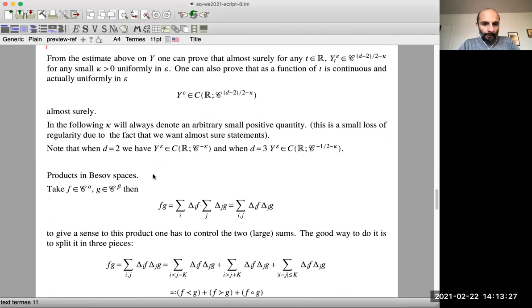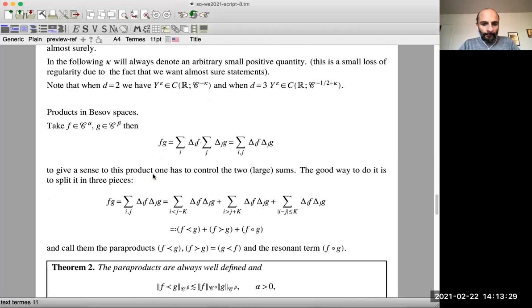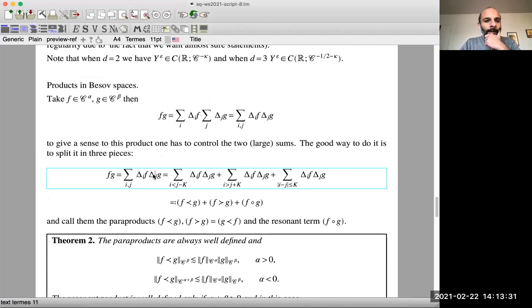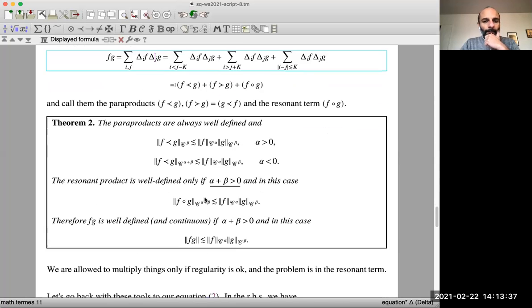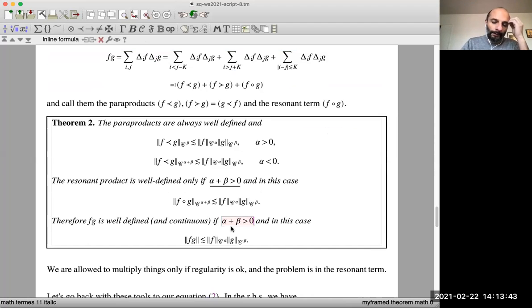Then I was going on again in the material from this morning, and we had this notion of the analysis of a product of two functions in Besov spaces, and I told you essentially that everything is fine if the sum of regularity is positive.